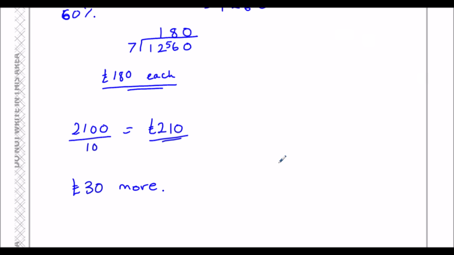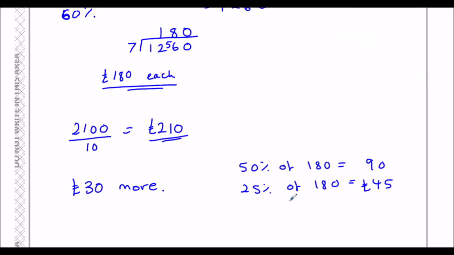Is that 25%? We can work out what percentage 30 is of 180, or we could work out what 25% of 180 is. So 50% of 180 is 90. 25% is £45.